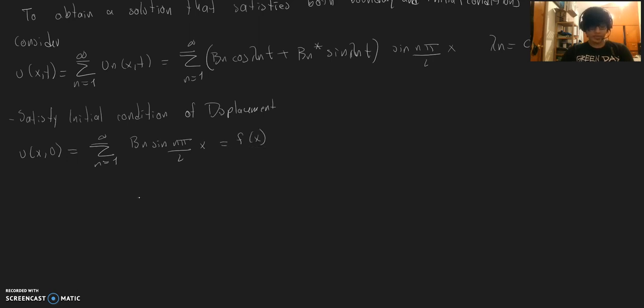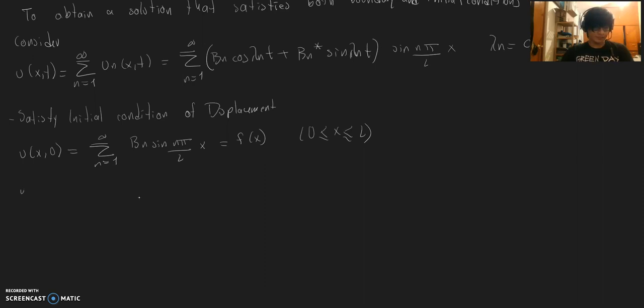There is an initial displacement where x goes from 0 to L. We are only substituting time equals 0 in the whole representation as a Fourier series, and making the equality with f of x.